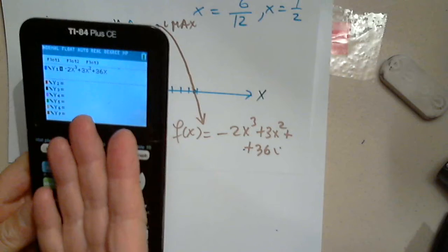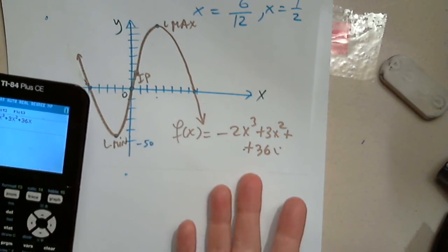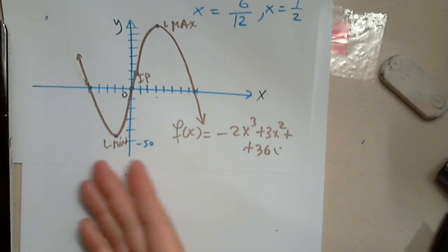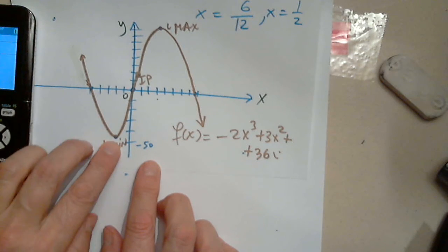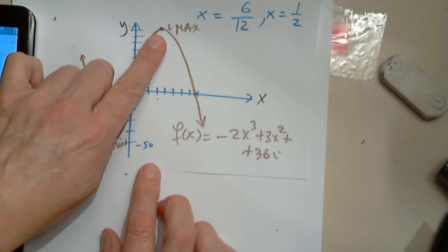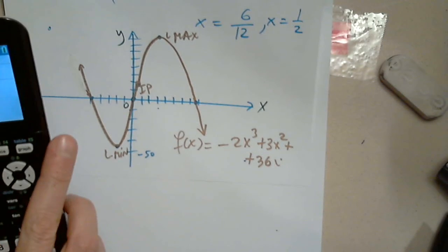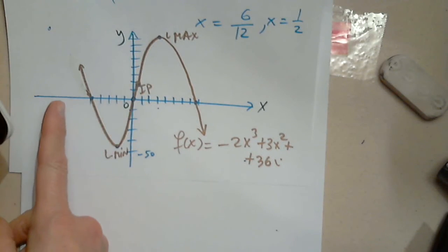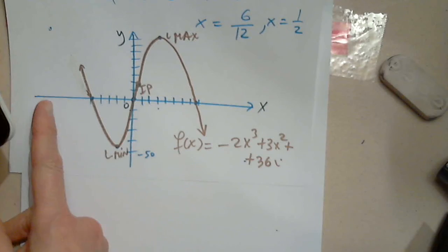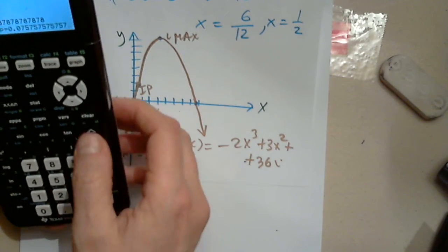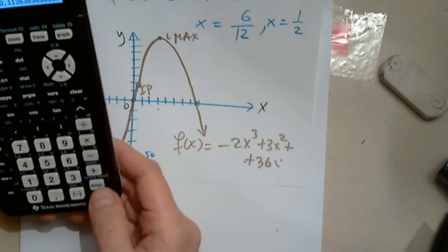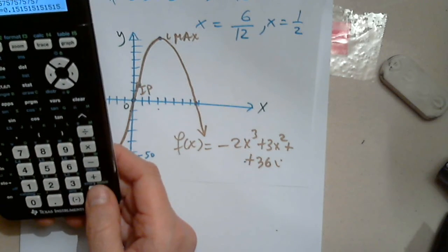So here's the function that we had, and obviously I have to change the viewing window. The function goes to negative 44 and it goes up to 81. So the viewing window now is very clear. I can choose negative 10, 10, that's okay. Scale of 1, it's okay.